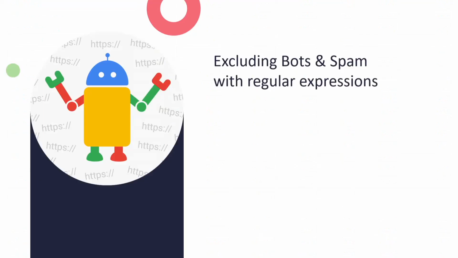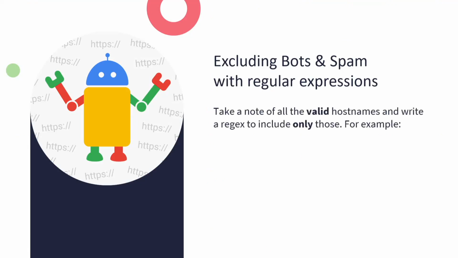So you would exclude your bots and your spam with something, as we've mentioned, called regular expressions. The first thing that you need to do is take note of all the valid host names and write a regex to include only those. For example, yourwebsite.com, so your domain name, pipe, googleweblight.com, web.archive.org, and so on.